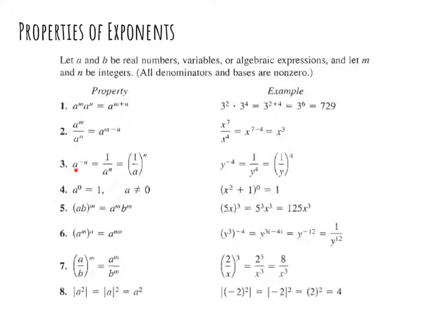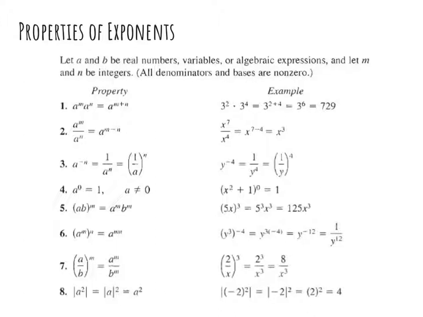When we have negative exponents, so a to the negative n, we can rewrite this with a positive exponent by relocating that to the denominator. So having 1 over a to the positive n, which is the same as writing 1 over a and having that whole fraction to the nth power.